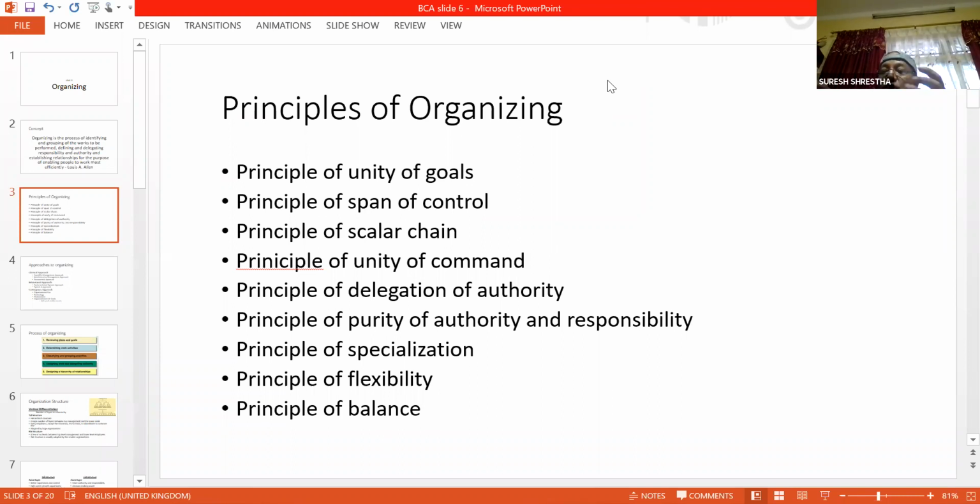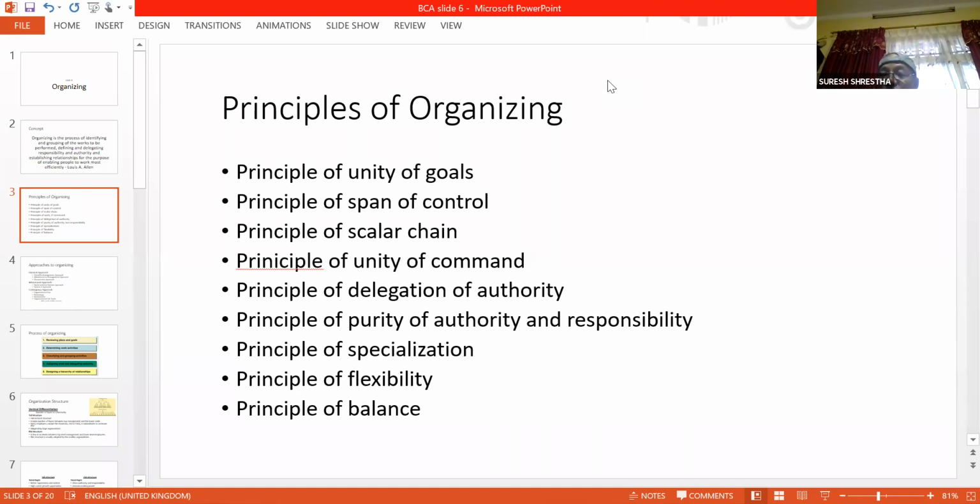So that is one thing that you have to consider while you organize: how many people can one supervisor control? That is the span of control.